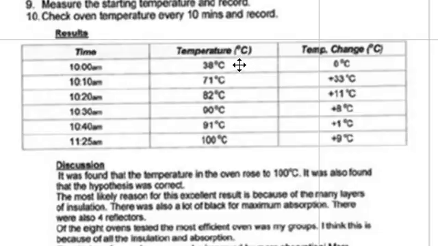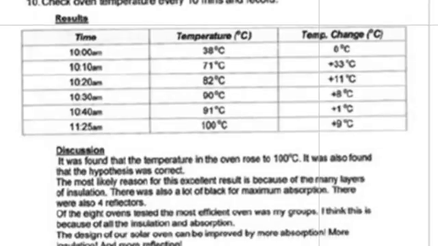If you notice, 38, it was a very hot day when we did this experiment to start with. But it may well have reached 40 or so by lunchtime, so it might have gone up another couple of degrees. So not all this temperature rise is due to the solar oven. So a control to compare it against would have been a good idea.